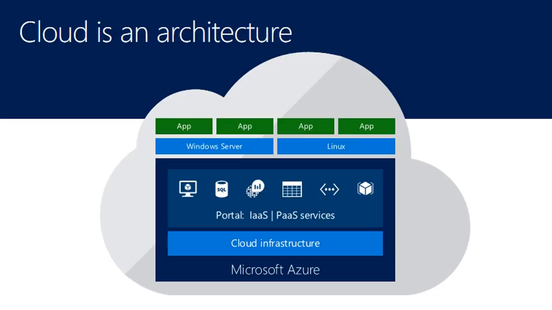We don't care what that is. That gives you a platform for the business to be able to run their applications on that architecture. I'm going to talk a little bit about some of the changes we're making in regards to that. But as we go through this today, think about the fact that cloud is not a place. Cloud is an architecture. I want you to keep that in mind when we talk through the rest of the presentation.